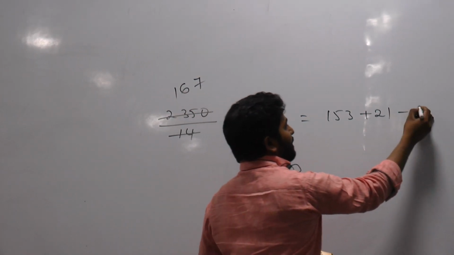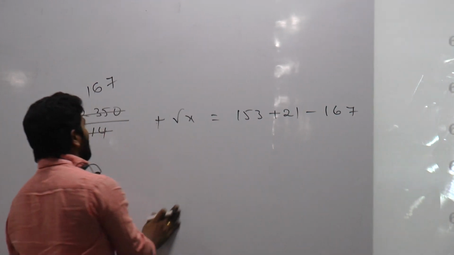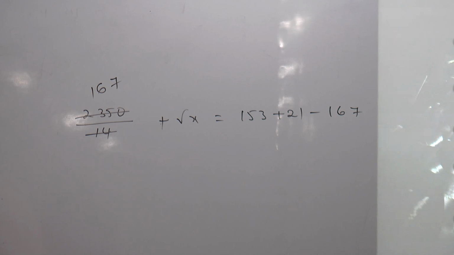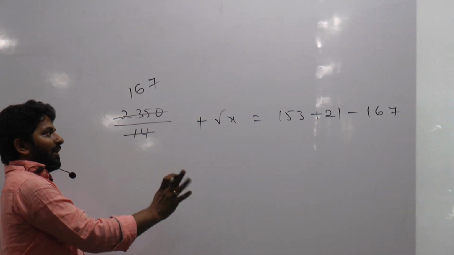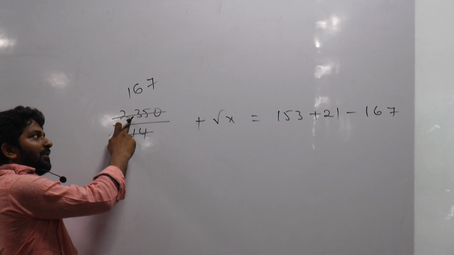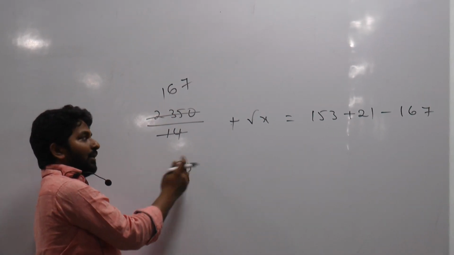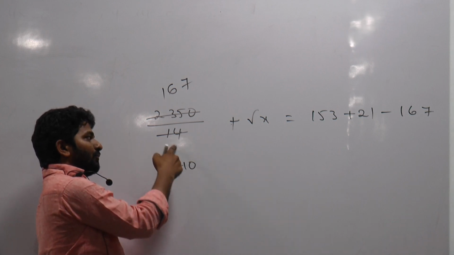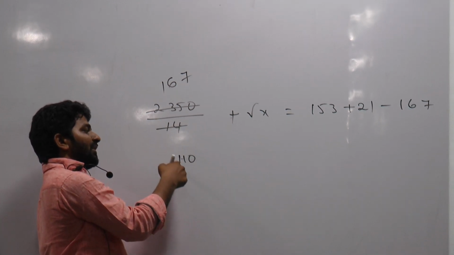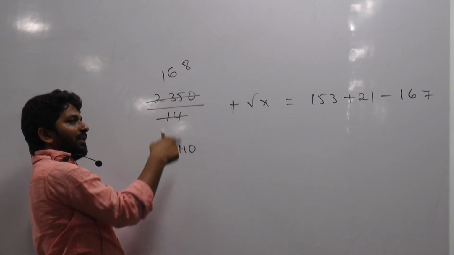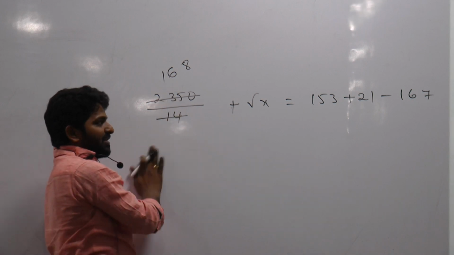No, it matters, because it is the under root value. Be careful. 14 once, 14, remaining 5, 6 times 84, 110, 14 sevens 98, no, it should be 8 times, 112, should be 168.